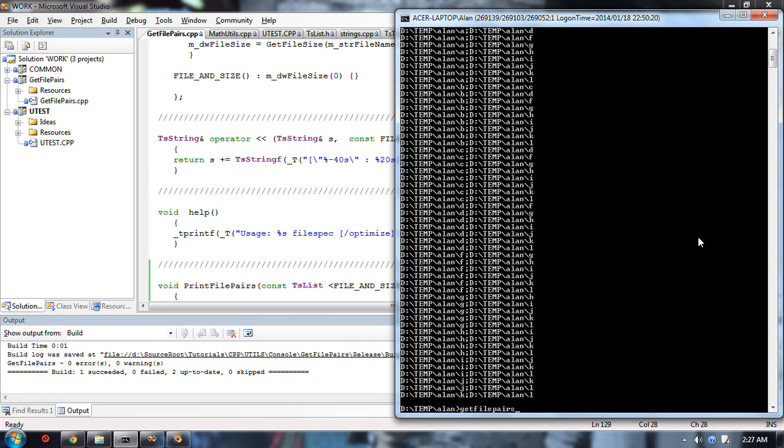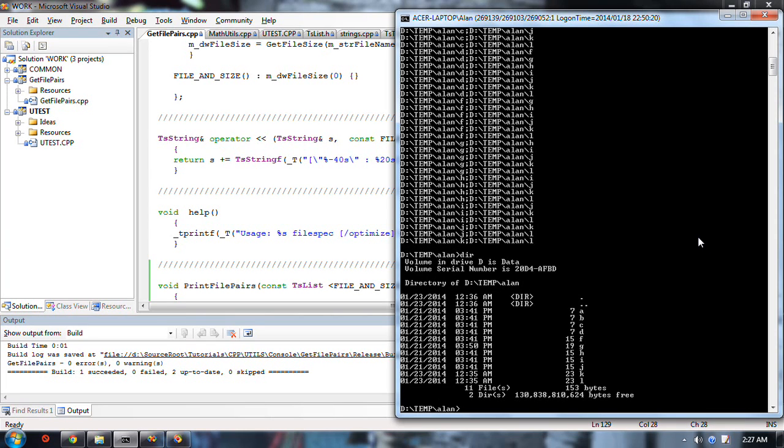Now, the question is, how many pairs are there? Well, according to theory, there are 11 files, so that's 1/2 times 10 times 11, right? n times n minus 1 divided by 2.